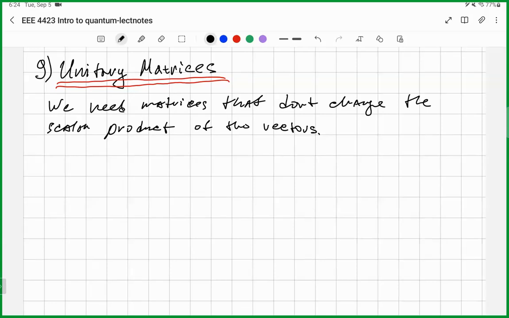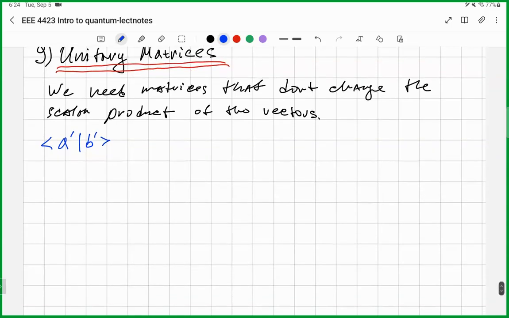So let's go ahead and write the product of two vectors. Let's write them in the ket-bra notation, bracket notation. The first vector is A dash and B dash. By this dash sign, I mean the transformed vector after transformation, right?